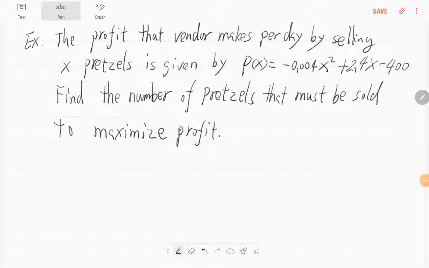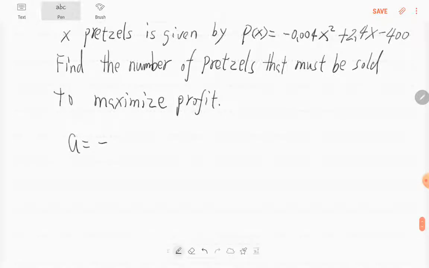So this is another example. The profit that a vendor makes per day by selling x pretzels is given by the profit function P of x equals negative 0.004x squared plus 2.4x minus 400. Find the number of pretzels that must be sold to maximize the profit. We know there is a maximum value of this function P, because a is equal to negative 0.004, which is less than 0, so the parabola opens down.